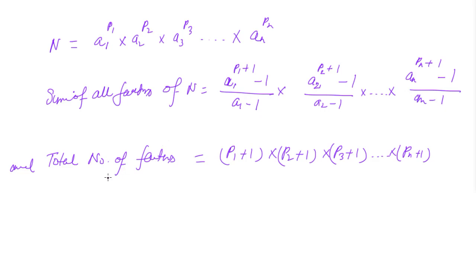Also we can calculate the total number of factors of n equals the product of all successors of the exponents. So it will be p1 plus 1 times p2 plus 1 times p3 plus 1 and so on up to pn plus 1. We have done our generalization of the formula.